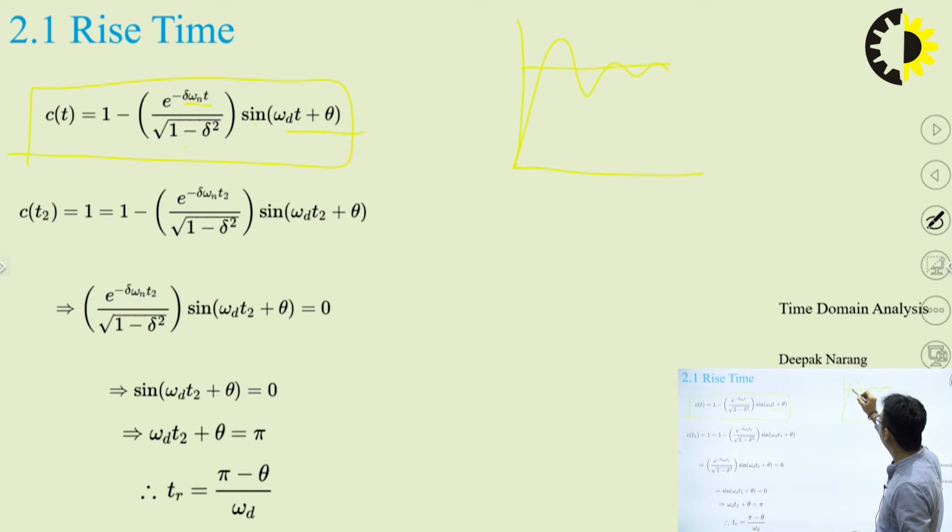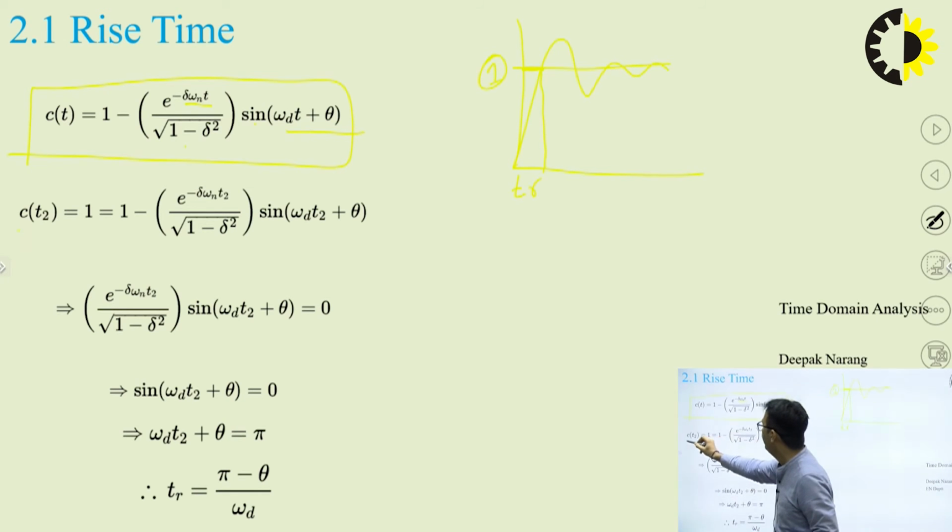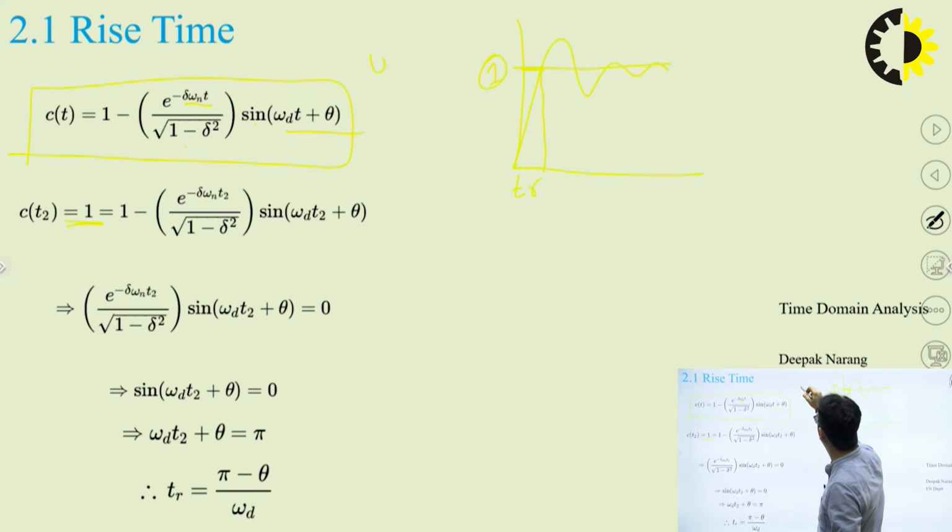At the rise time, the final response is 1, so c(t) will be equal to 1, because we are considering this response for a unit step signal. That is why we have taken the final value as 1.